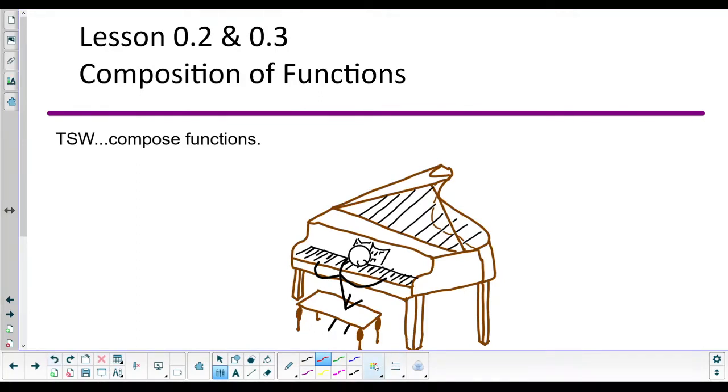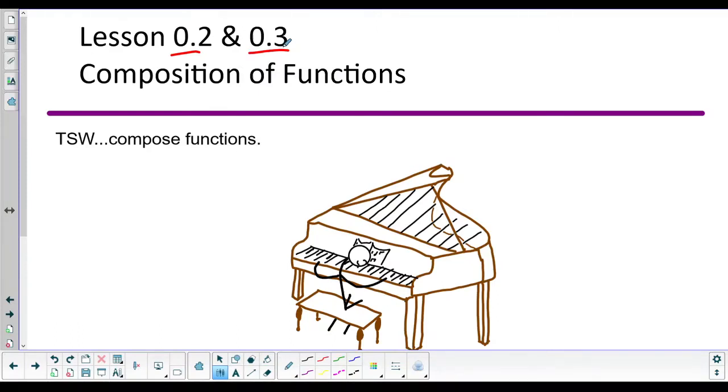So what we're going to do today is we are going to do lessons 0.2 and 0.3 all in a single video because we need to take this at a very brisk pace to make sure we cover all of the material for Algebra 2 before the end of the semester.